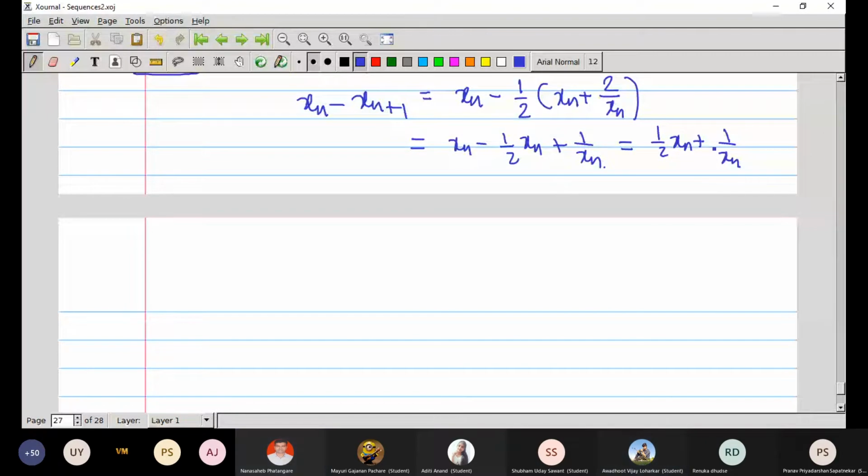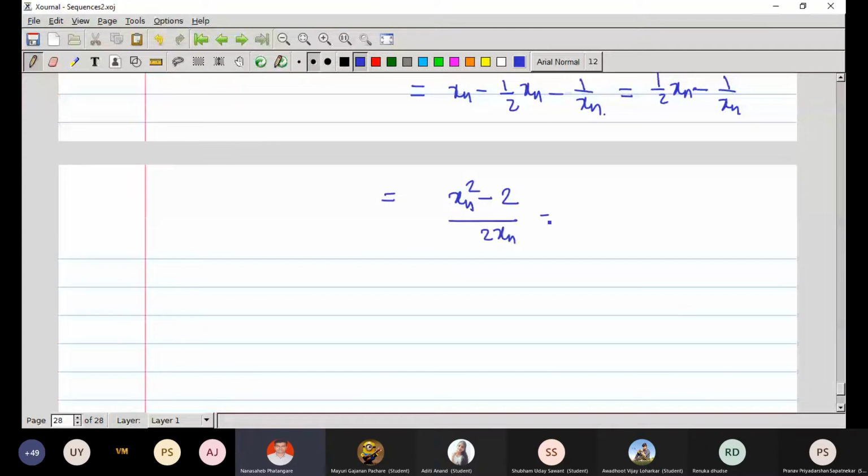If you remove the bracket, then here it will be minus. Then xn square minus 2 upon 2xn. Yes, sir. Right. Okay, so xn square minus 2 upon 2xn.